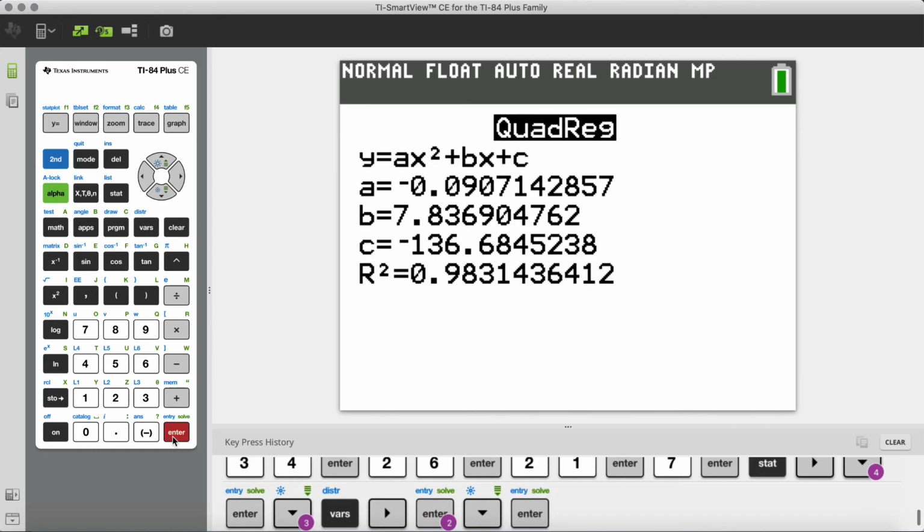So our regression equation is y is equal to negative 0.091, so we'll go 3 decimal spots, x squared plus 7.837x minus 136.685. All right. So it says, what do the x-intercepts of the models represent?